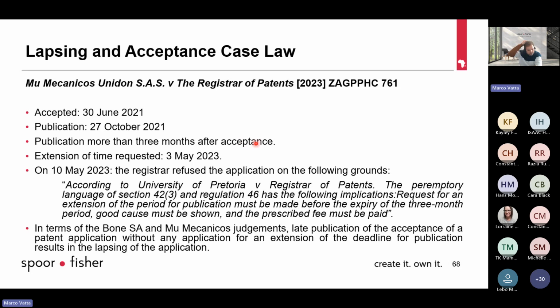So they then sought remedy from their initial agent that filed and executed the application to grant in South Africa. They then submitted a request after the 3-month date, requesting that this publication date be extended.